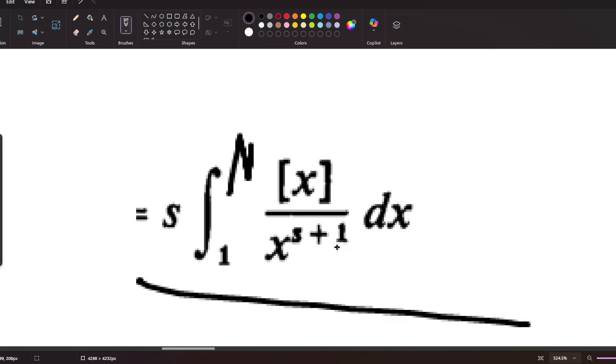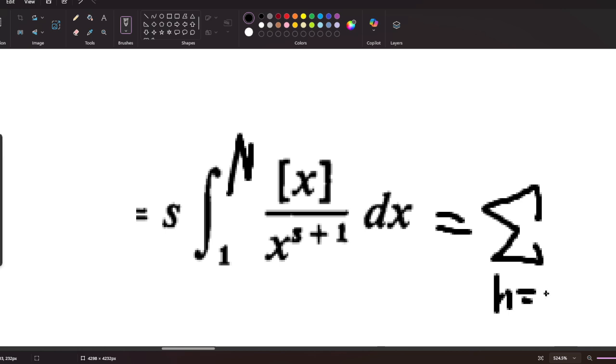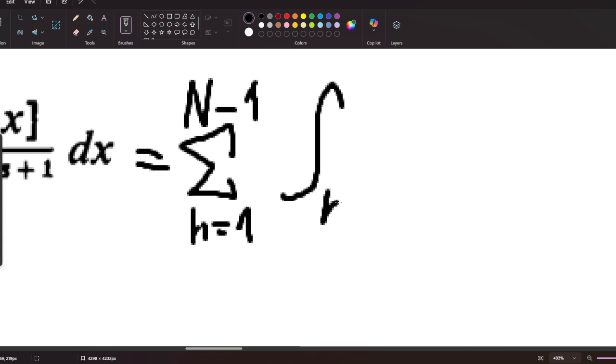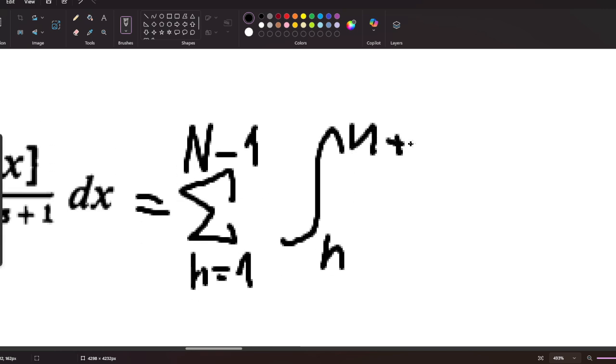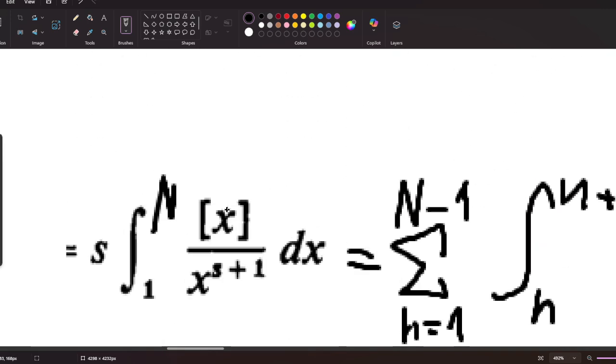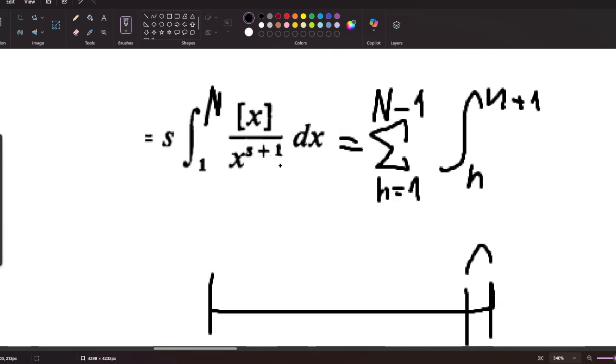So what we can do is separate this integral into a sum of integrals. We take the starting point as n equals 1, and we sum to n minus 1, and the integral bounds are going to be from n to n plus 1. Now if we were to look into the integrand and the partition of this integral, then only the last segment is going to include the supremum of this function as n plus 1.